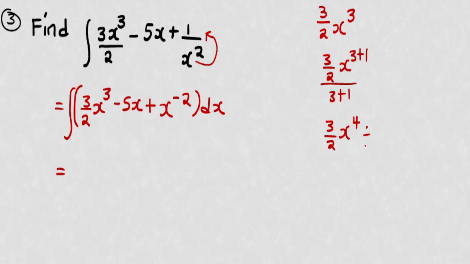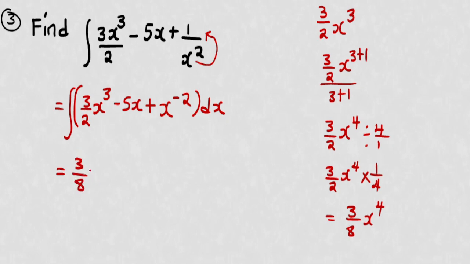Then we're going to divide by 4 over 1. Then this is going to be 3 over 2 x to the power 4. Then division will change to multiplication, the 1 will go on top, the 4 down. Then 3 times that, that's a 3. Then 2 times 4, that is 8 x to the power 4. So that is how that can be integrated. So it becomes 3 over 8 x to the power 4.